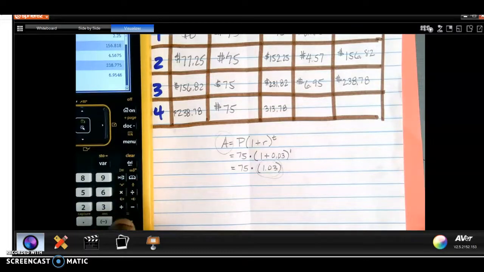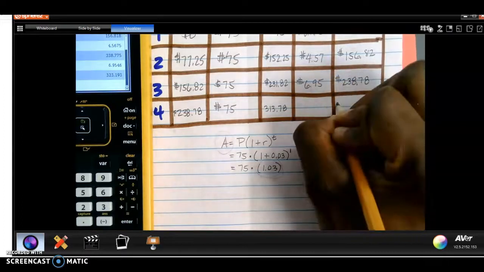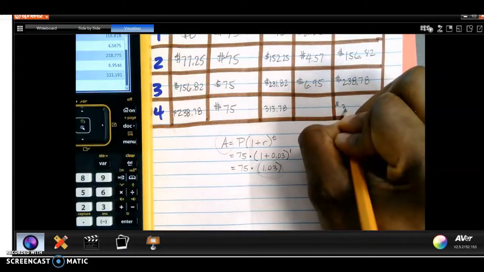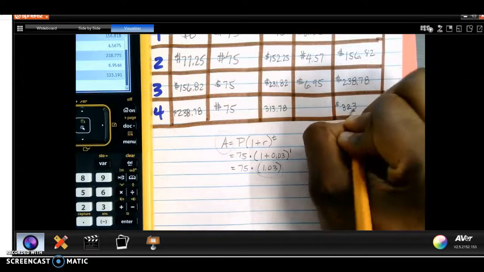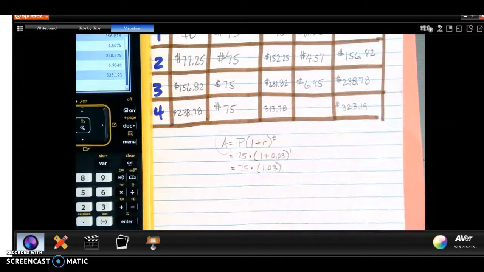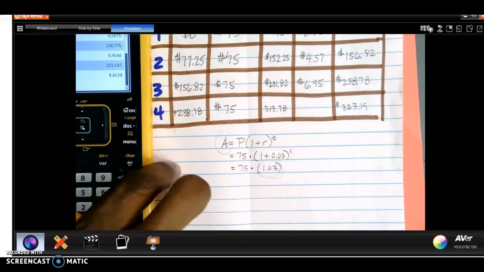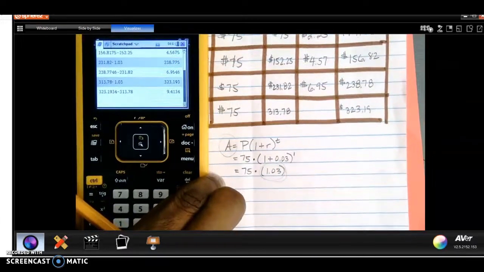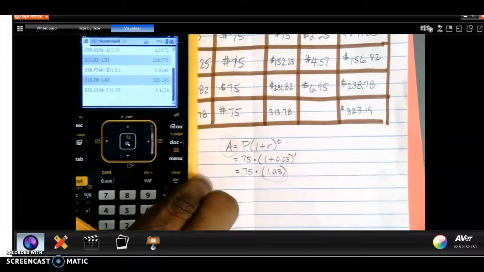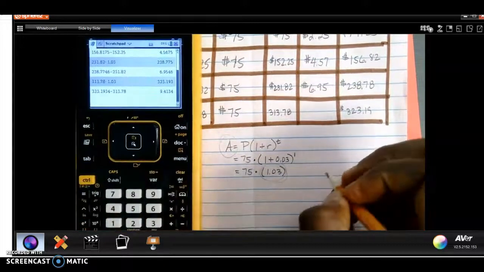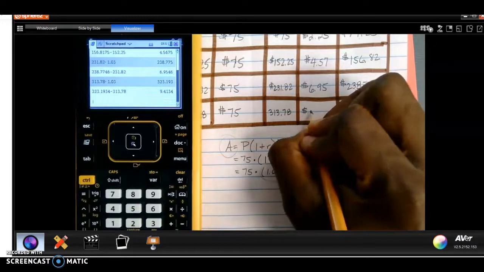Again, my interest rate, which will give me 323.19. Okay, so that's going to give me 323.19, which I'm then going to subtract. That's minus 313.78. Doing this again off camera, 323.19 minus 313.78 is going to give me $9.41.